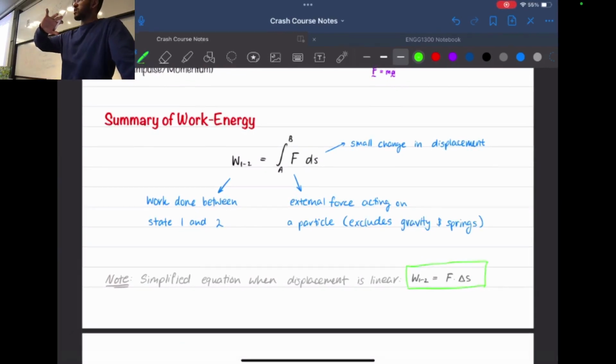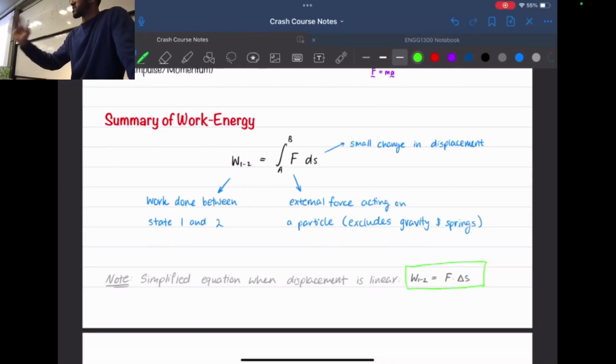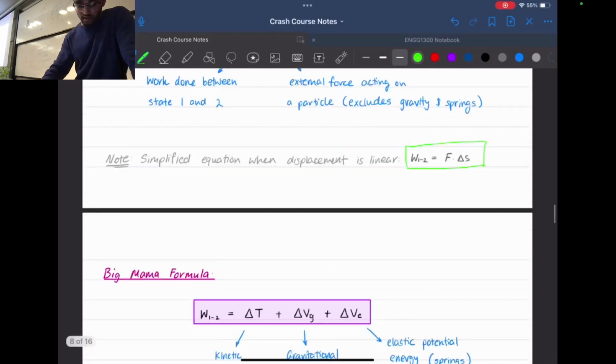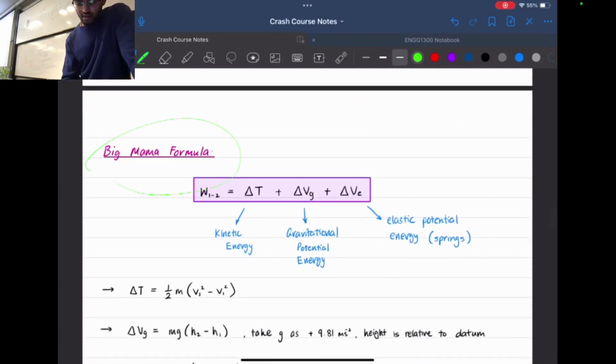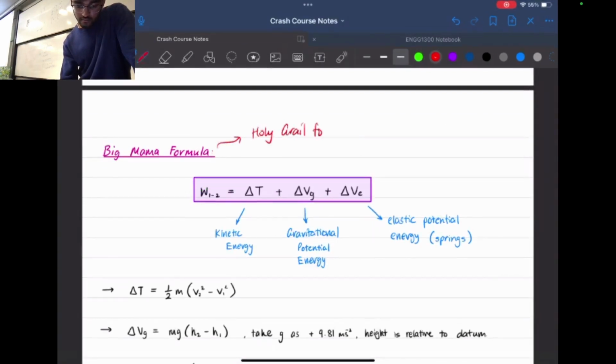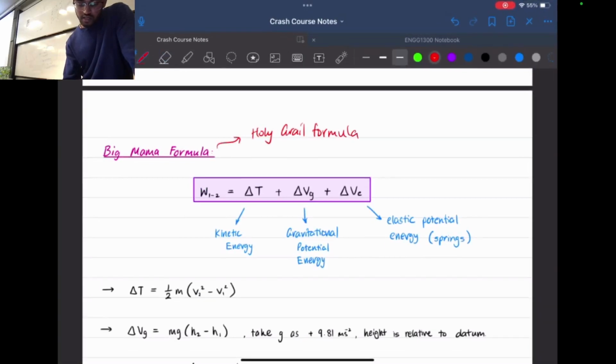So the next formula is one you guys will be seeing throughout most of dynamics, most of kinematics and kinetics. It's called the Big Mama formula, or the Holy Grail formula. This is a pretty OP formula which covers pretty much all of work.